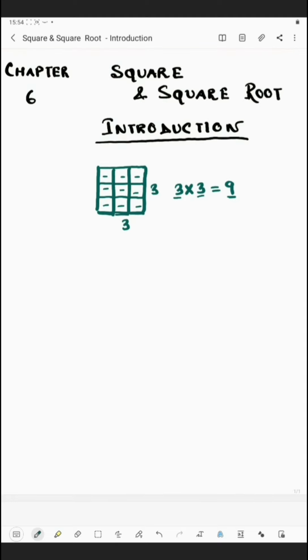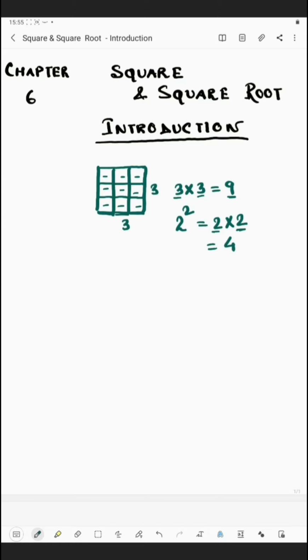Okay, that means to get the square of any number, we need to multiply the number by itself. Like if I write 2 square, it is represented as 2 raised to the power 2, which can be written as 2 multiplied by 2, which is 4. Now this 4 is a square number, and how have we got this square number? By multiplying the same number.